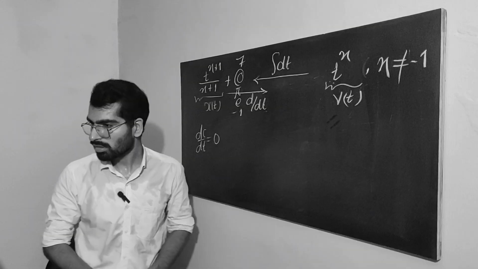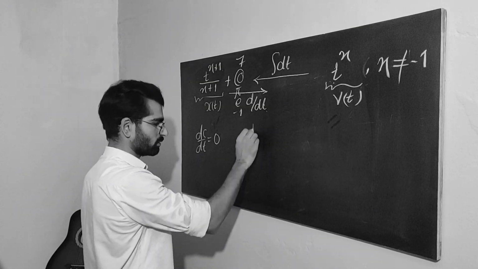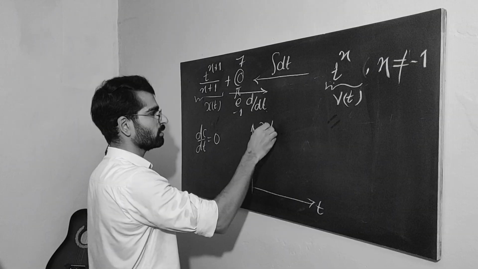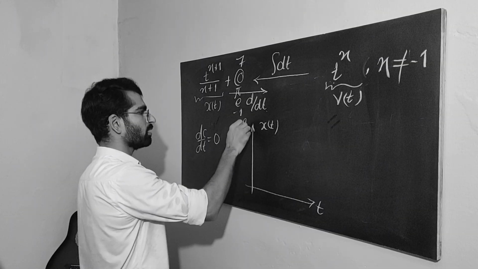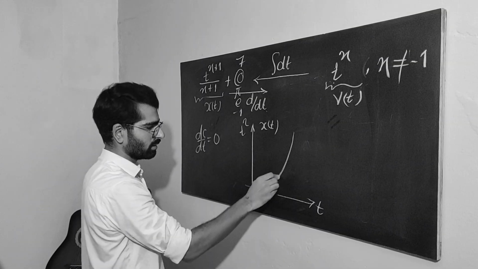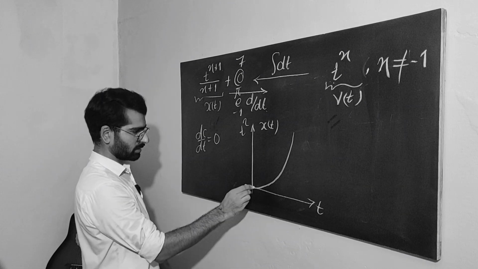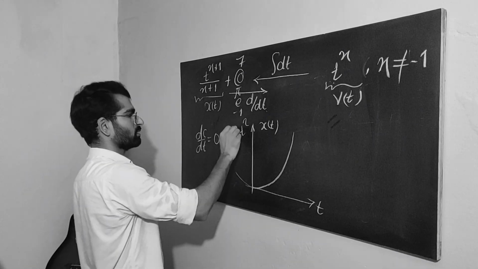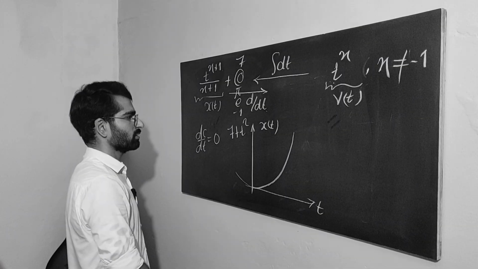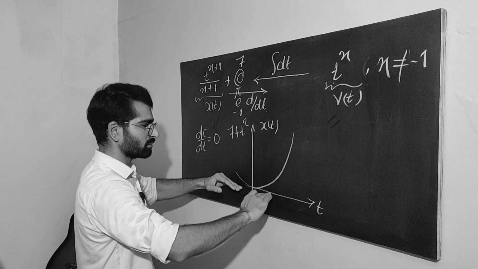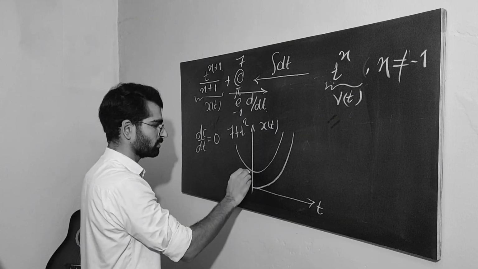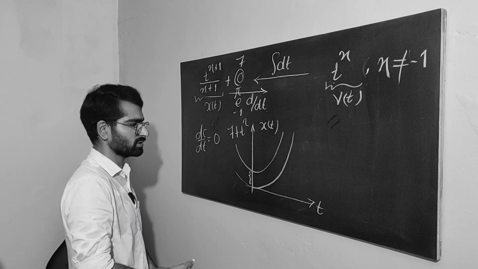Right? And I can show you that on graph. If I take x of t, still the parabola t squared, it goes like this, and let me extend that into negative direction too. And now if I add, let's say I add 7 to it, then this curve will jump up by 7, right? So this is 7, that's what changes.